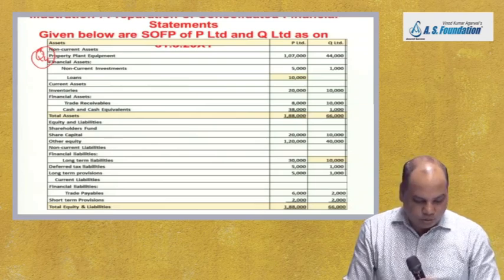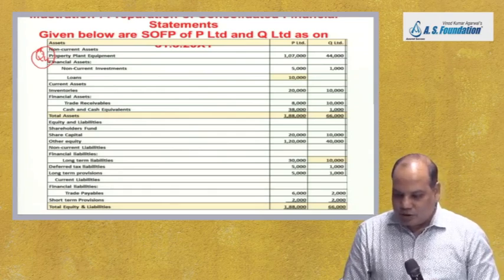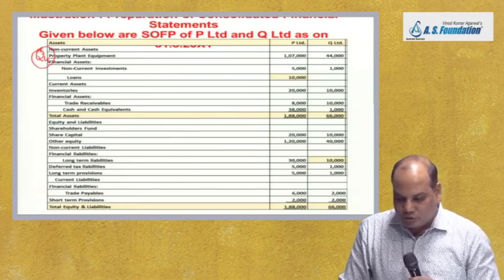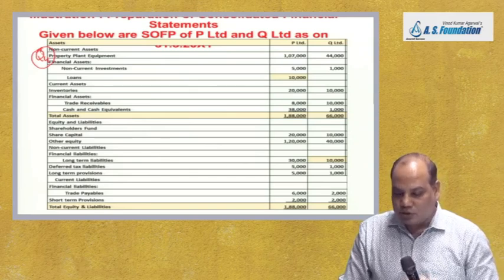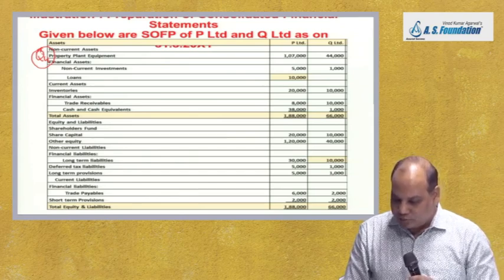loan, tick mark loan. Then current asset, under that inventory, financial asset, trade receivable, cash and cash equivalent. Total asset, equity and liability, shareholder fund, share capital, other equity, non-current liability, long-term liability.